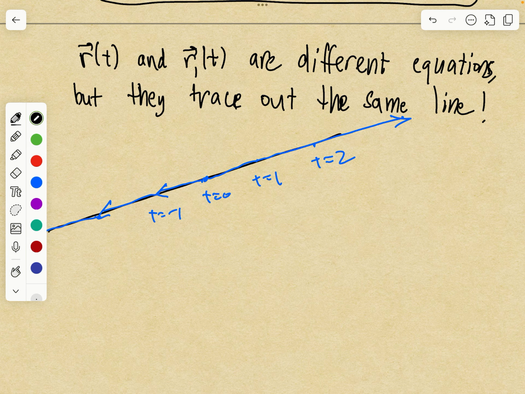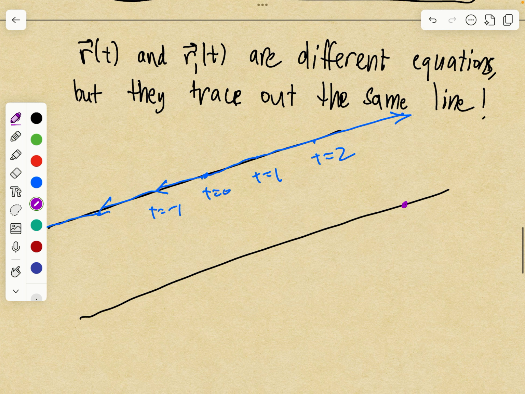But that's not the only way you could have a car go on the line. You could have the same freeway, the same highway, but maybe a different car, with a different starting position, maybe your car is here at t equals 0. And maybe you want the car to go in this direction. So you choose v to be this vector from here to here.